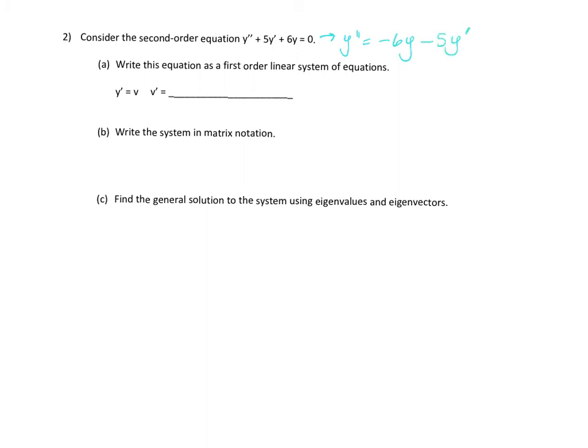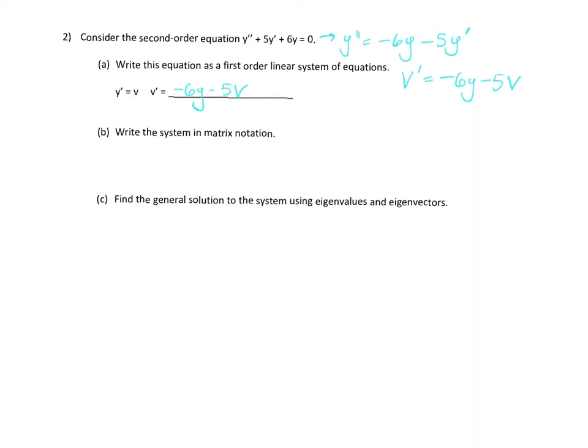But y double prime is the same thing as v prime. And then we have negative 6y minus 5y prime, which we have defined to be v. So v prime is negative 6y minus 5v.